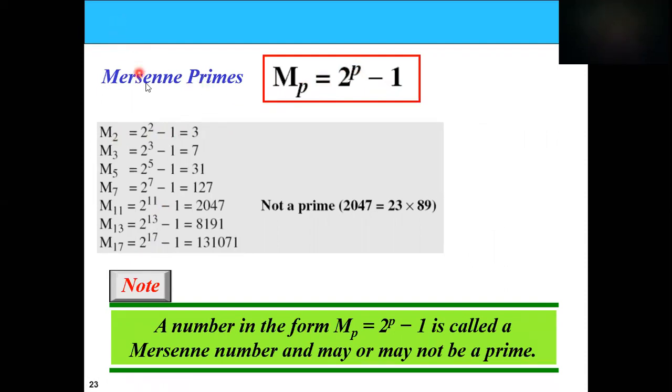For p equals 2, 2 to the power 2 minus 1 is 3, which is prime. 2 to the power 3 minus 1 is again a prime. But for 11, 2047 is not a prime because it can be factored. So it does not always give you a prime number, but it gives you mostly prime numbers.